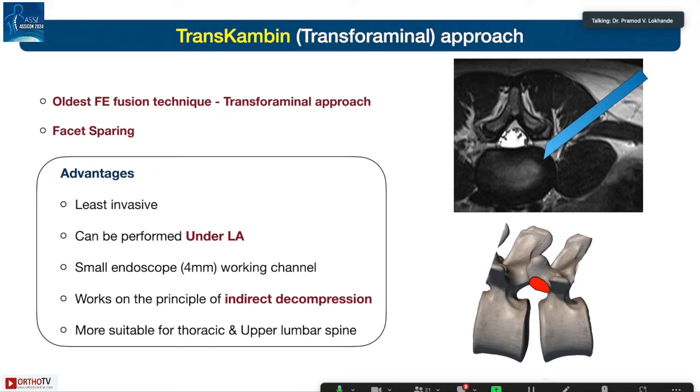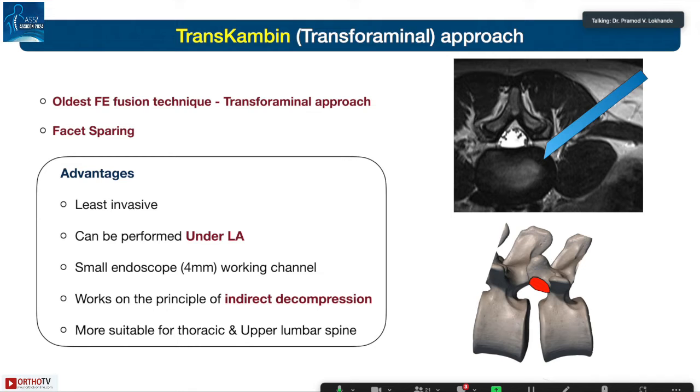So what is the transforaminal approach? I think it is one of the oldest fusion techniques, described in the 1980s, and one of the pioneers in that is Said Osman. It is a facet sparing technique. It does not cut the bone. It goes through Kambin's triangle. Very least invasive, it can be performed under local anesthesia, and can be done with a very small endoscope with a 4 mm working channel.